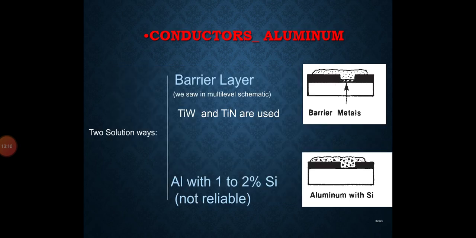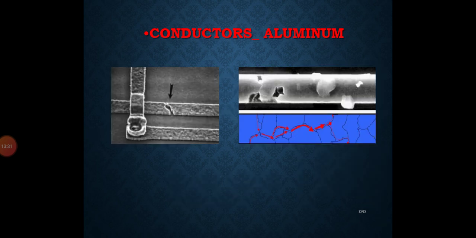Now there are two solutions. The first one is the barrier layer, in multi-level schemes, where tungsten W and tungsten N are used as barrier metal. The second one is aluminum with 1 to 2% silicon, which is not actually reliable.